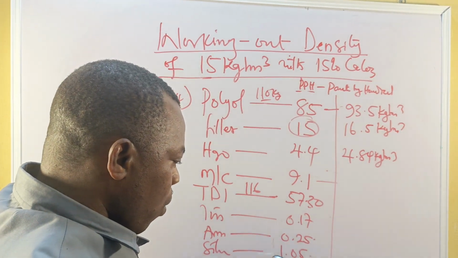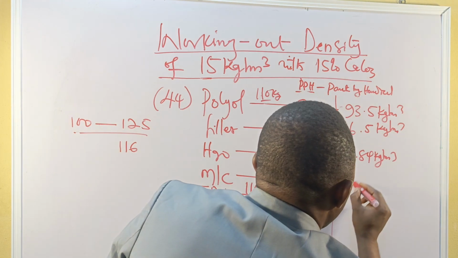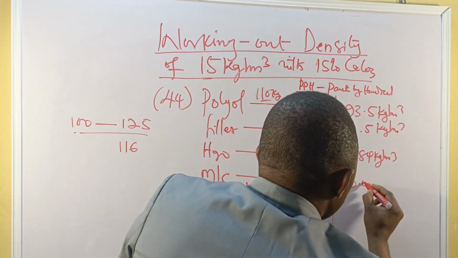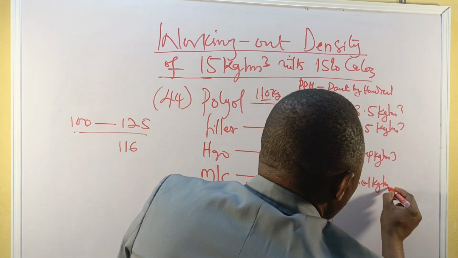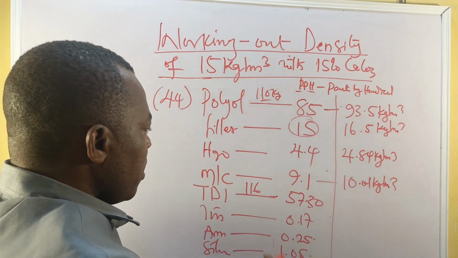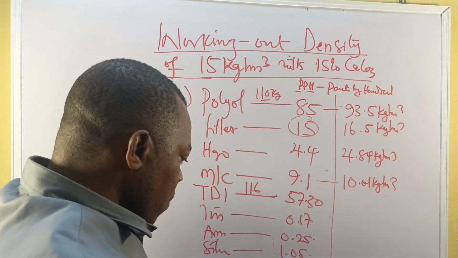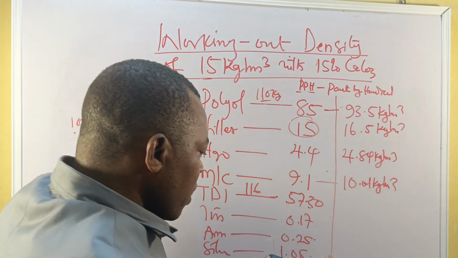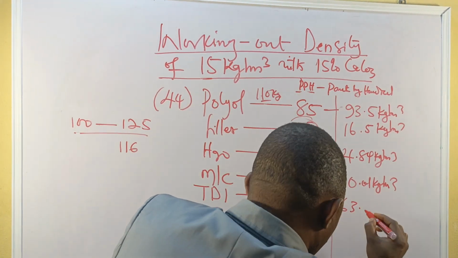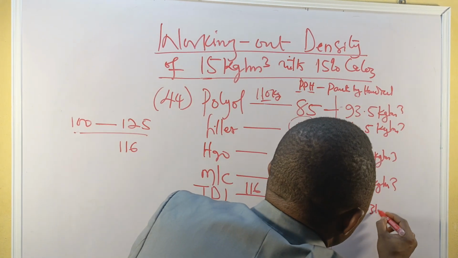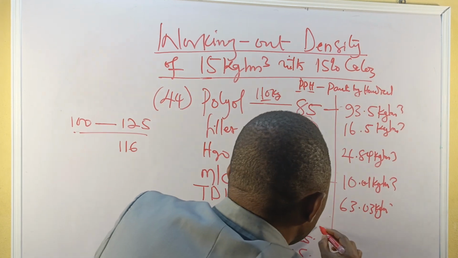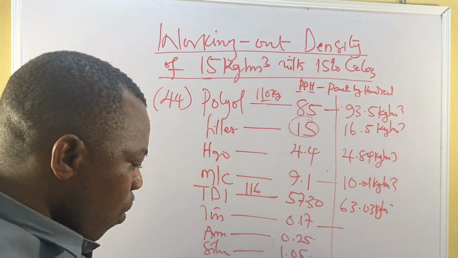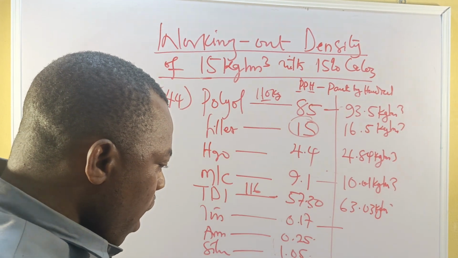MC will give you 10.01 kg per minute, because that is the unit. Now your TDI will give you 57.3 times 1.1. TDI will give you 63.03 kg per minute.